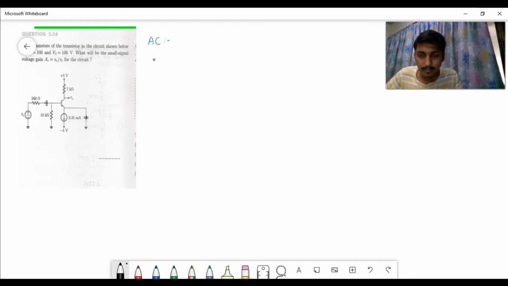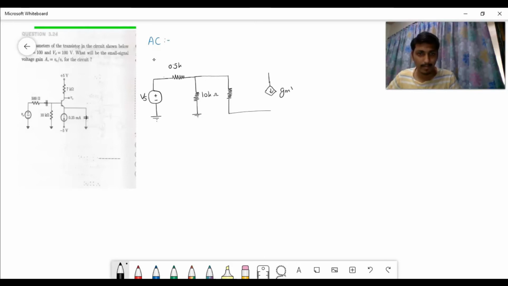This is Vs, grounded, 0.5k, 10 kilo ohm, gm v pi.